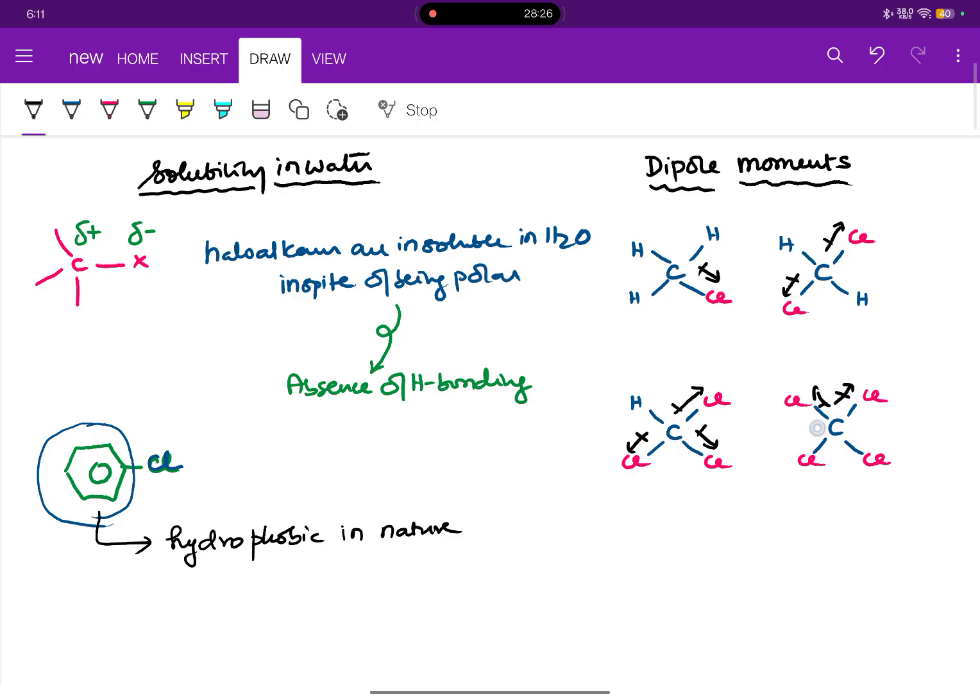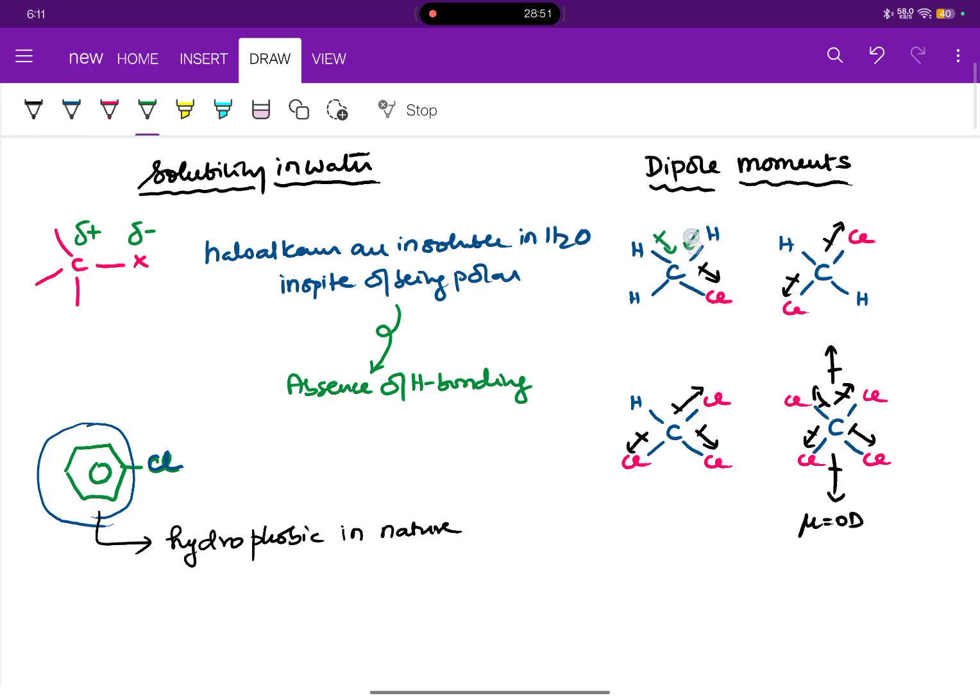In the last case, all the dipole moments will be cancelled because the resultant pull is nullifying each other. So carbon tetrachloride will have 0 dipole moment, while the others will have some kind of dipole moment, because the electronegativity difference is large.